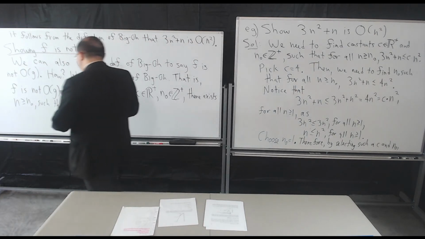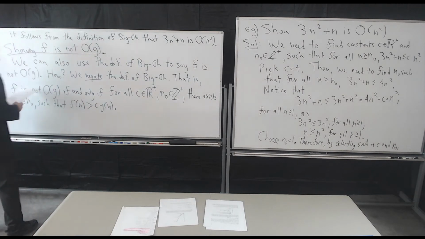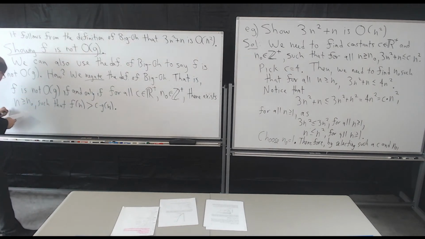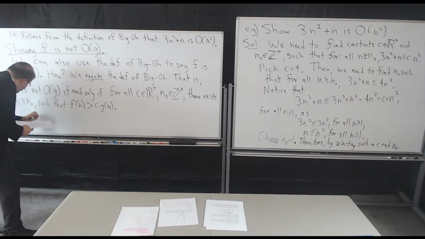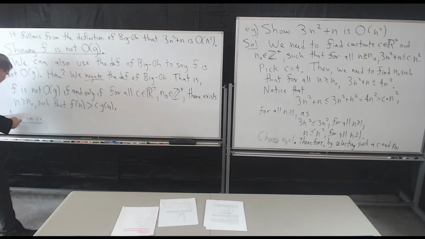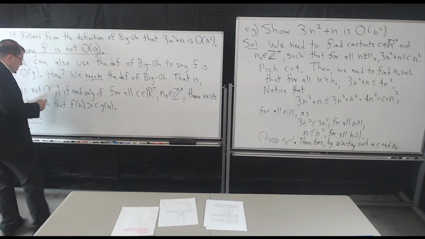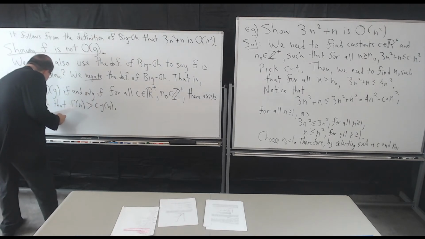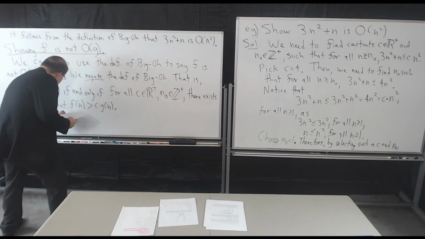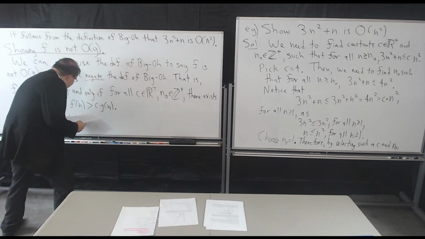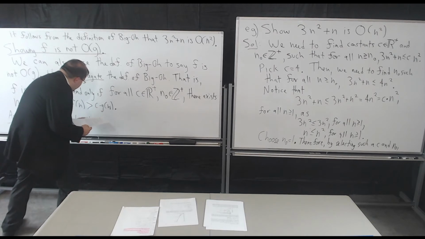So I'm going to show you an example of me applying it. There are two different approaches you're going to find. The first approach that people typically use with this definition is to prove it directly, just using this negation of the big O definition.